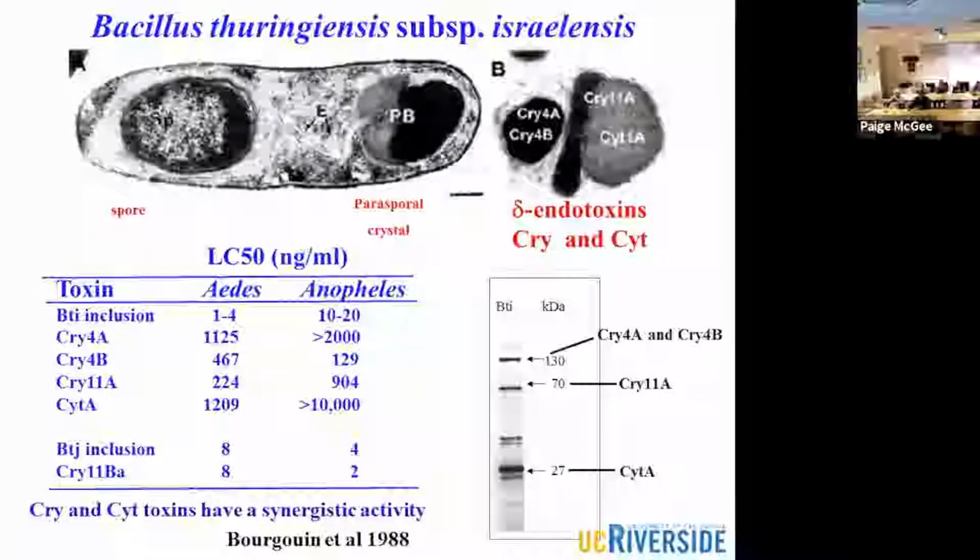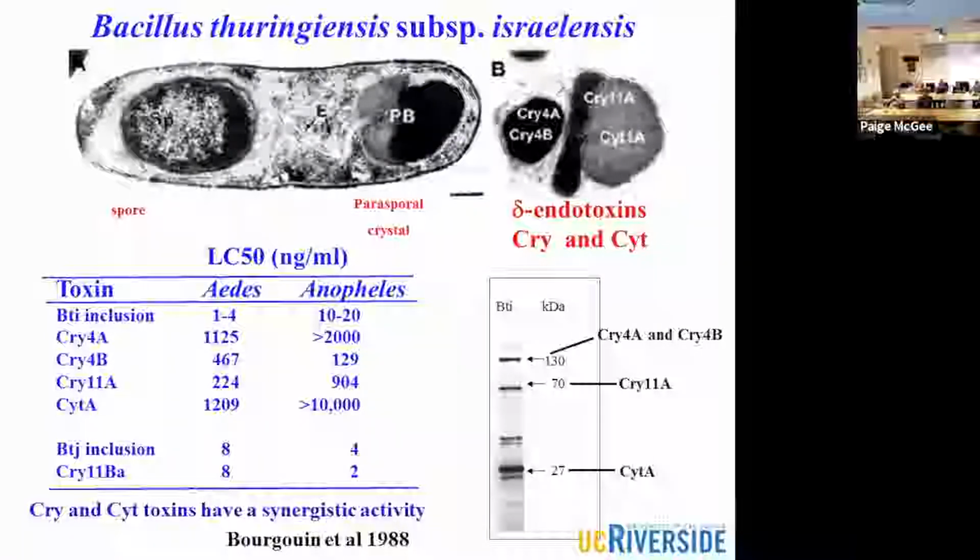That's Cry4A, 4B, 11A, and Cyt1A. And on the right-hand side at the bottom, that is the SDS-PAGE, which shows you the approximate size of the molecules that are involved here. Cry4A and 4B are large proteins, around 130 kilodaltons. 11A is about 70 kilodaltons. And the Cyt1A protein, which is the cytolytic protein, is 27 kilodaltons.